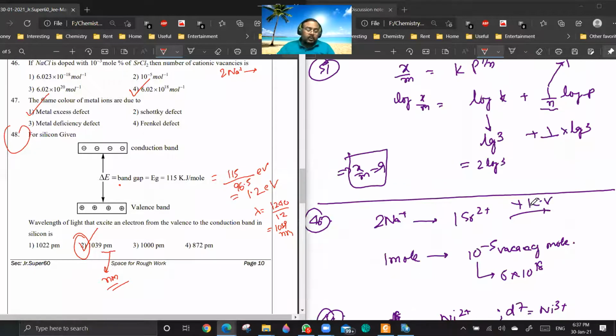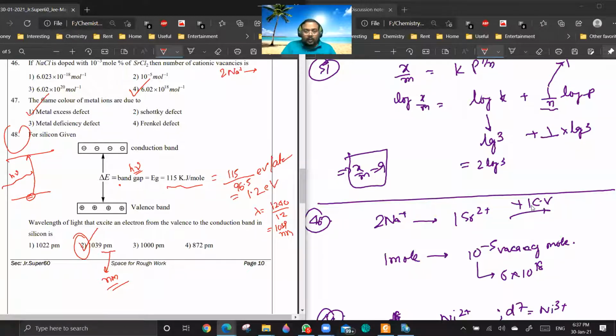Yes. Basically, it is like your atomic structure question. You have two energy levels. Electron is here, it wants to go here, so it will be absorbing some energy. So delta E should be equal to h nu. Now, it is given in terms of kilojoule per mole, so we first have to convert into electron volts per atom.